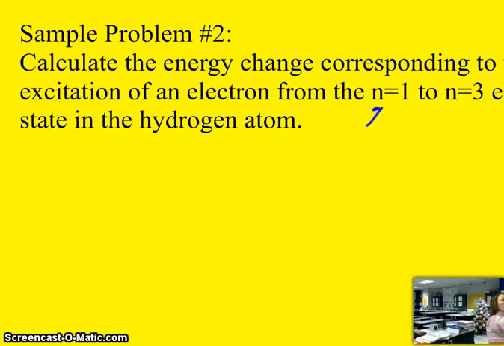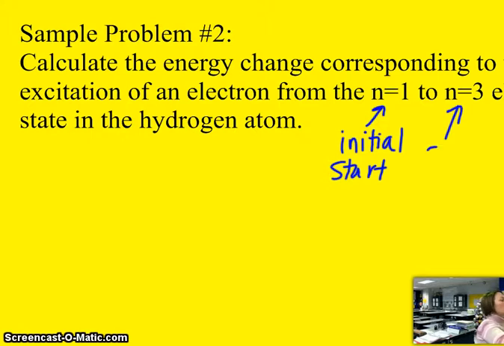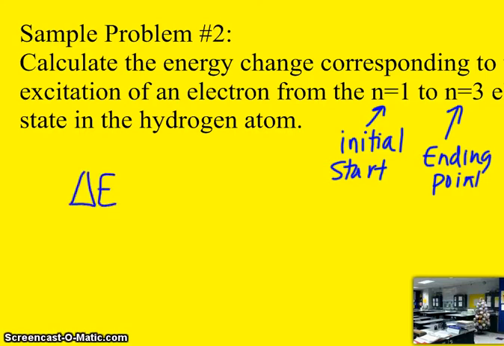So n equals 1 is our initial energy level. That's where we're starting, and we're ending at n equals 3. Our change in energy is equal to the energy of the final spot, our ending point, minus the energy of our initial point.